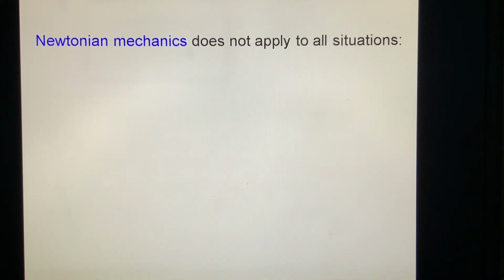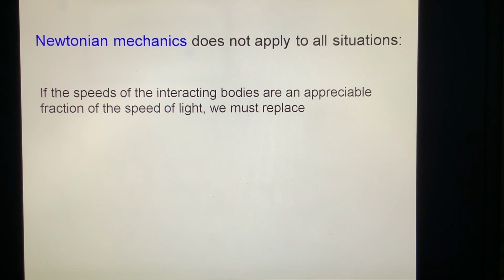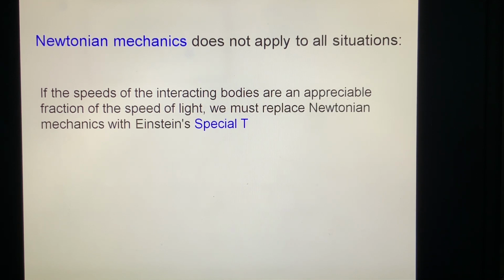Newtonian mechanics does not apply to all situations. If the speeds of the interacting bodies are an appreciable fraction of the speed of light, we must replace Newtonian mechanics with Einstein's special theory of relativity.